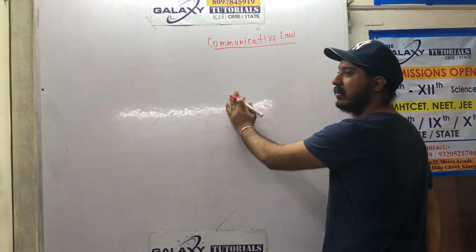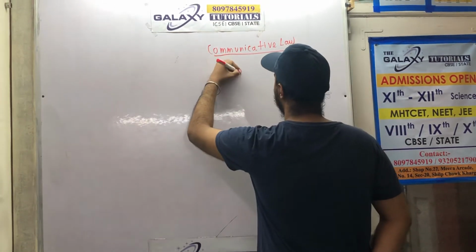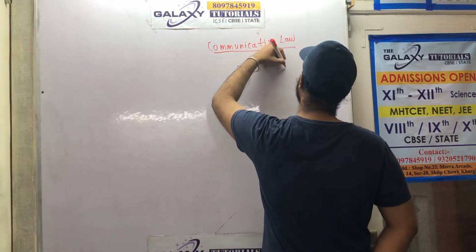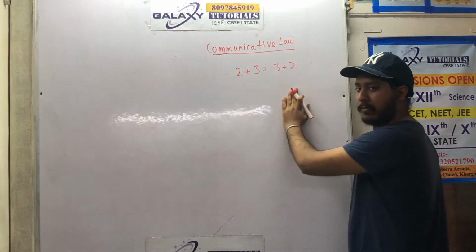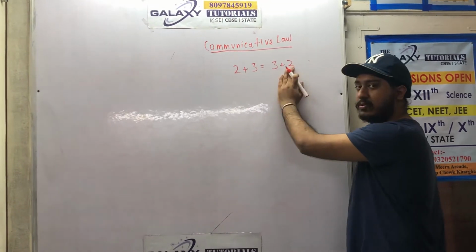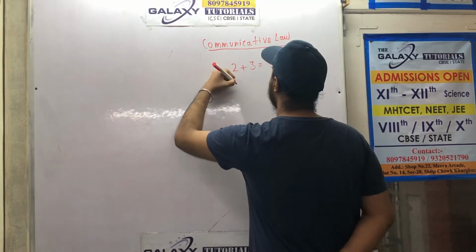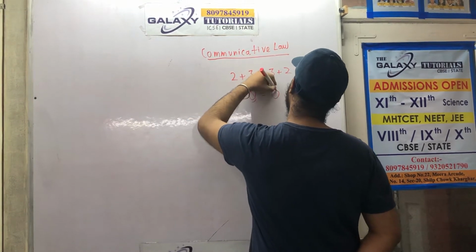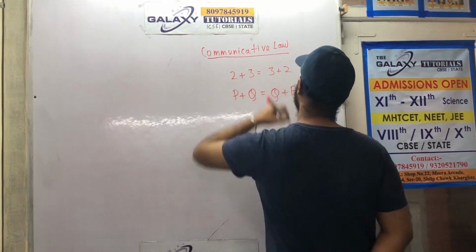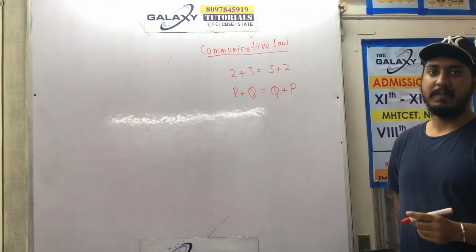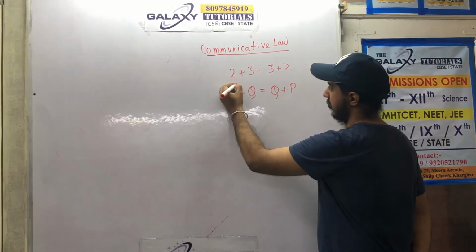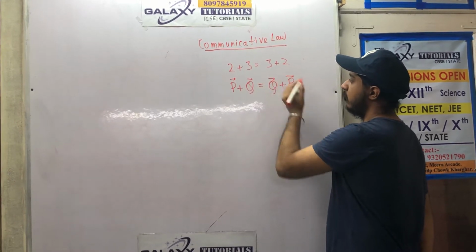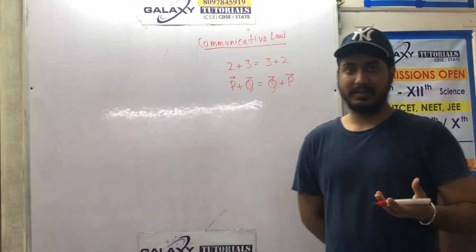You have already read it in mathematics, you all know 2 plus 3 is equal to 3 plus 2. It is also 5 and this is also 5. The same is this law in vector addition also. Vector P plus vector Q is equal to vector Q plus vector P. So you can write this, there is not a problem.